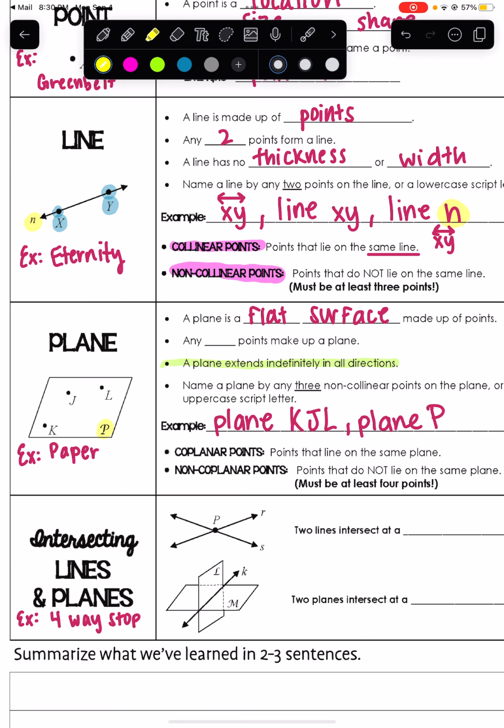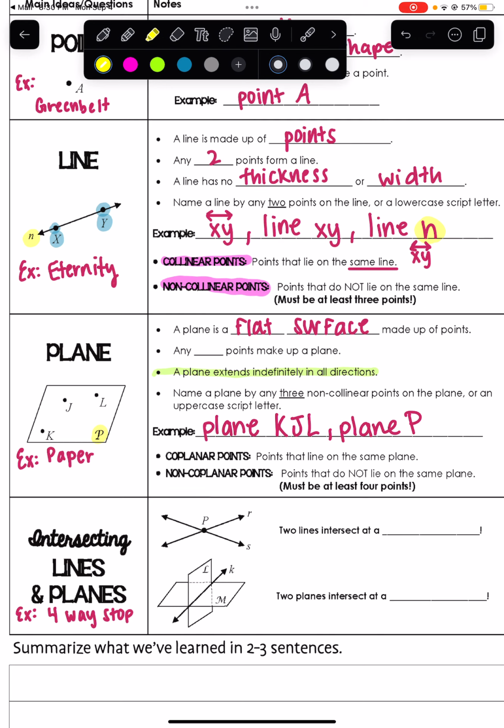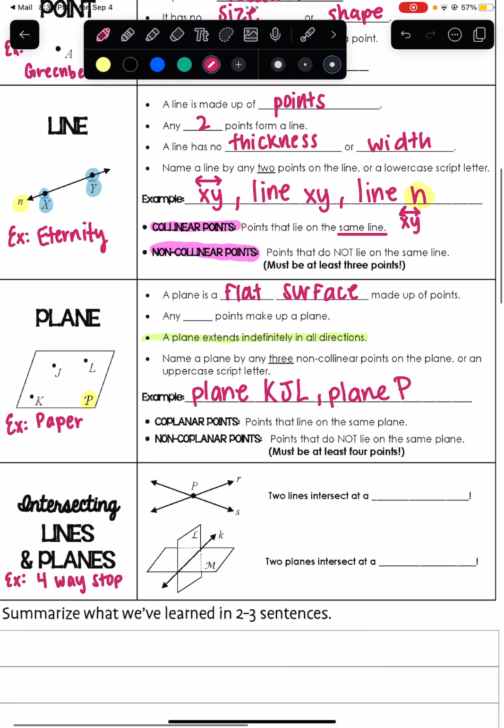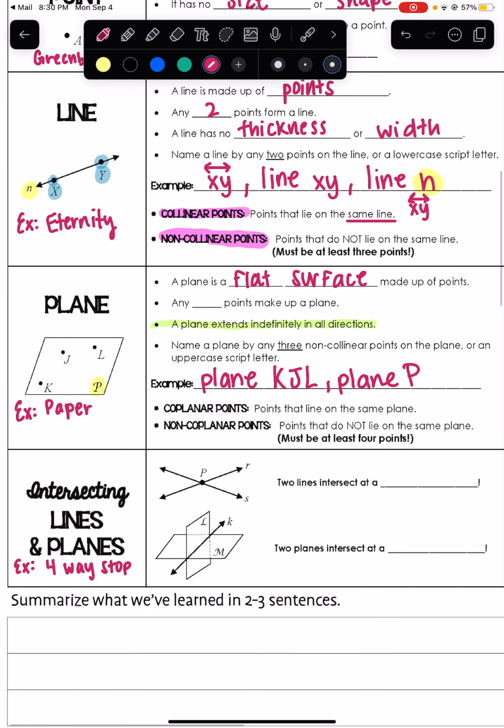Sorry, just highlight. Okay. Hopefully you're with me so far. This is a lot of vocab, but I promise that we'll get to practice it on the other page. We also have non-coplanar points and coplanar points. So let me highlight those so we can see that. For coplanar points, that means points that lie on the same plane.